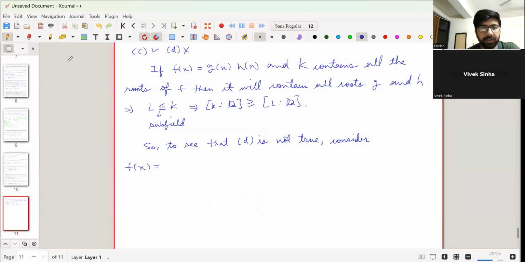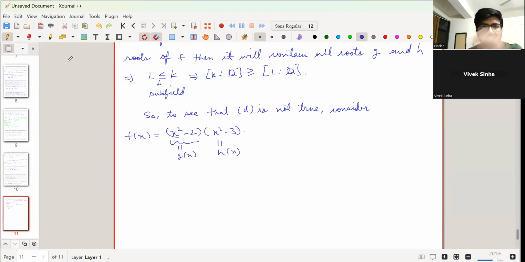f(x) to be, say, (x square minus 2)(x square minus 3). So this you can take as your g(x), and this you can take as your h(x). So roots of f(x) are plus minus root 2, plus minus root 3, right?